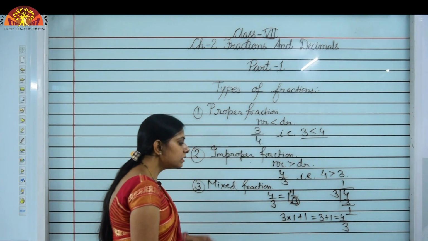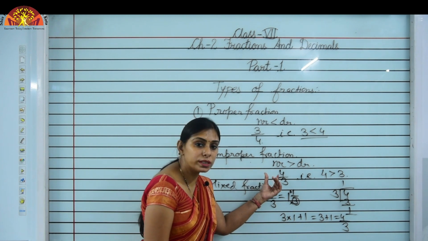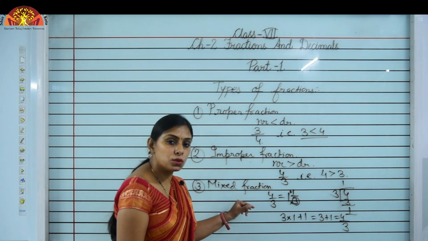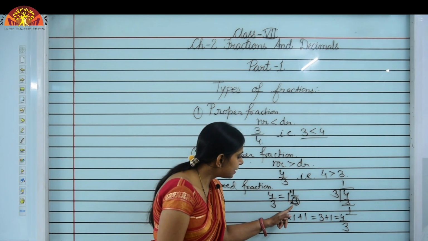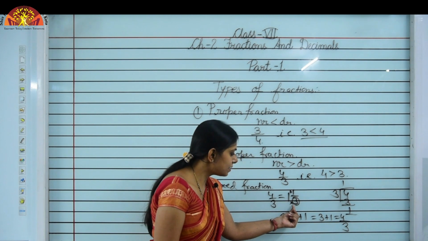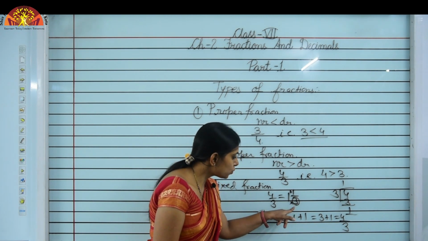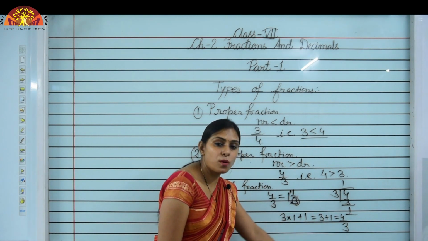So whenever you convert an improper fraction into a mixed fraction, first you write the quotient, then you write the remainder, and last you write the divisor. Is it clear, students? So 3 into 1 plus 1, which comes out to be 4 upon 3.